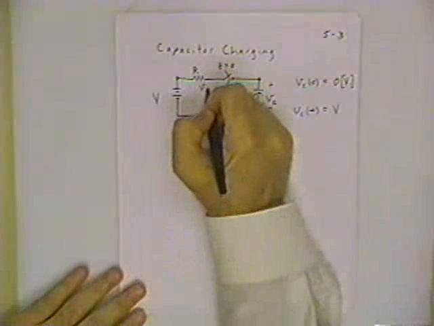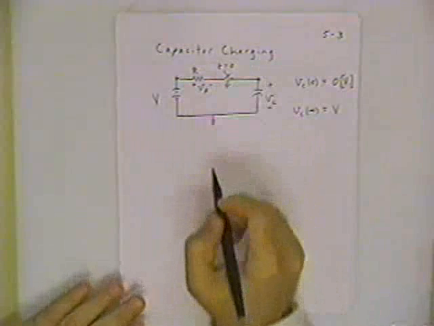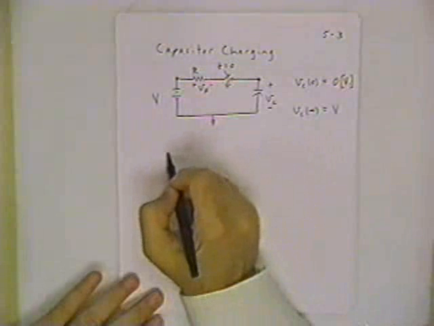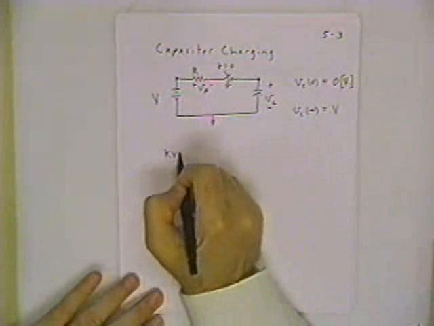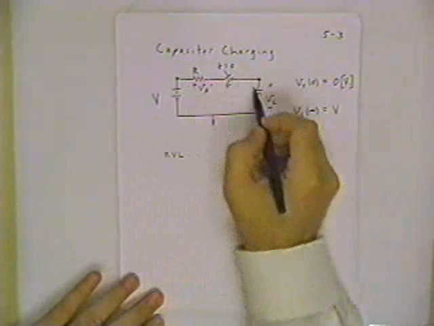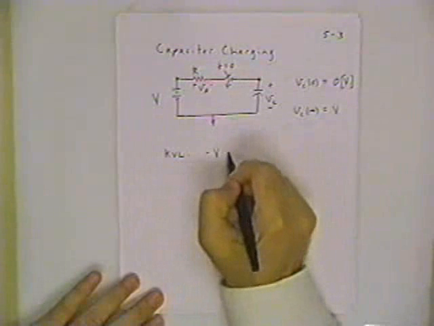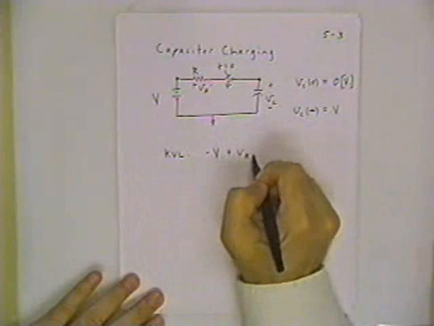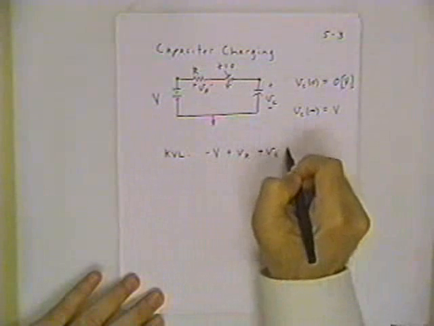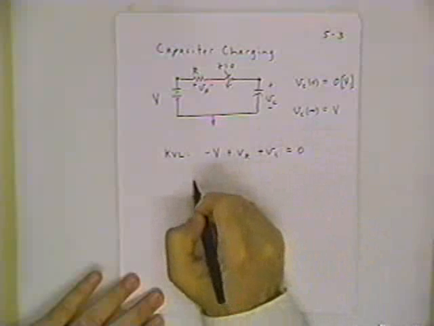Okay, well, what I want to do is the same basic setup, and it's so similar I'll step through it fairly quickly. The Kirchhoff voltage law, going around this loop clockwise: minus V plus V sub R plus V sub C equals 0.